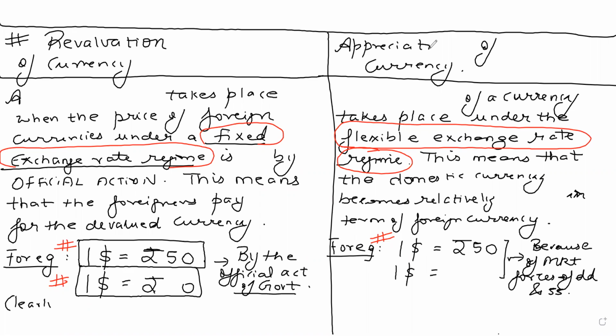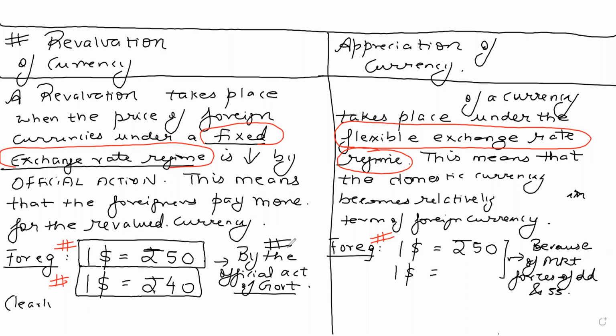So guys, I can say that a revaluation takes place when the price of foreign currencies under the fixed exchange rate system is reduced by official action. This means that the foreigners pay more for the revalued currency. For example, $1 hypothetically was 50 rupees. Now it becomes only 40 rupees. And this is happening by the official act of the government.